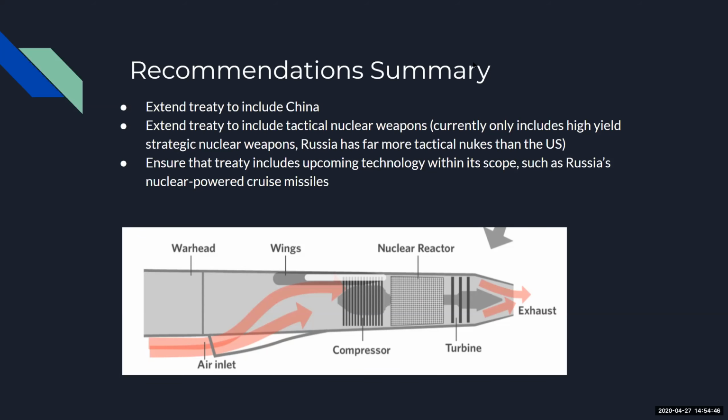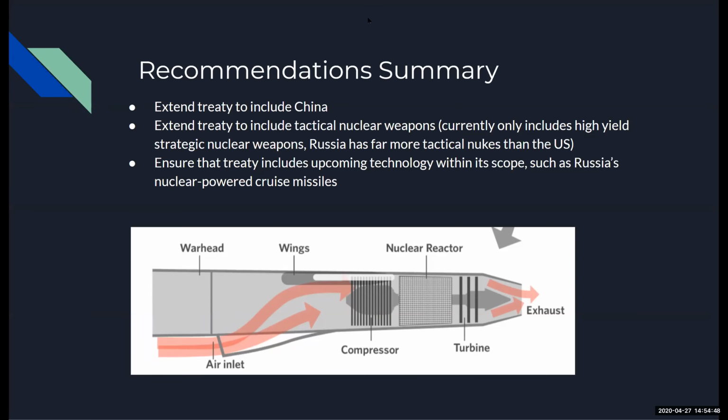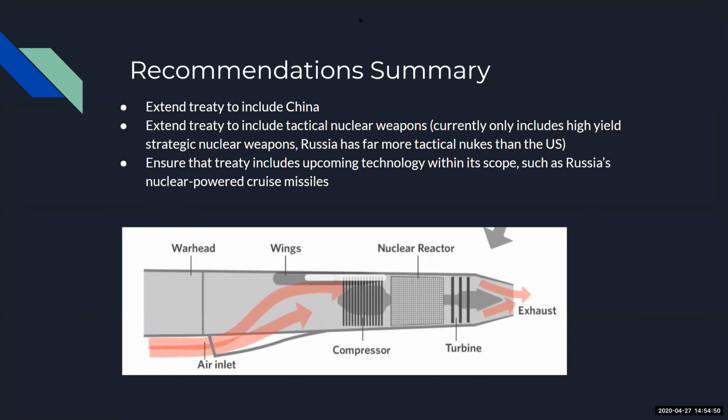Yeah, so it's kind of a blur. Non-strategic weapons usually include theater weapons. Basically the range of the missile is the main indicator of whether it's considered tactical or non-strategic, which are used interchangeably, or a strategic weapon.